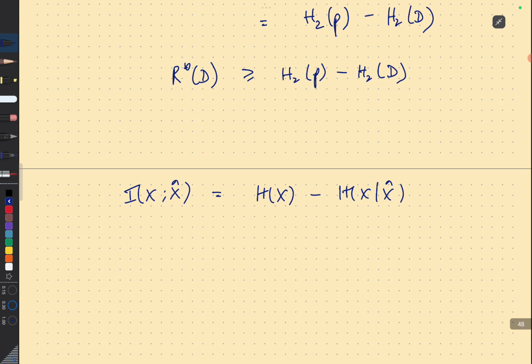What I want to do is define the random variable e, which is equal to 1 if x is not equal to x hat, and equal to 0 if x is equal to x hat.